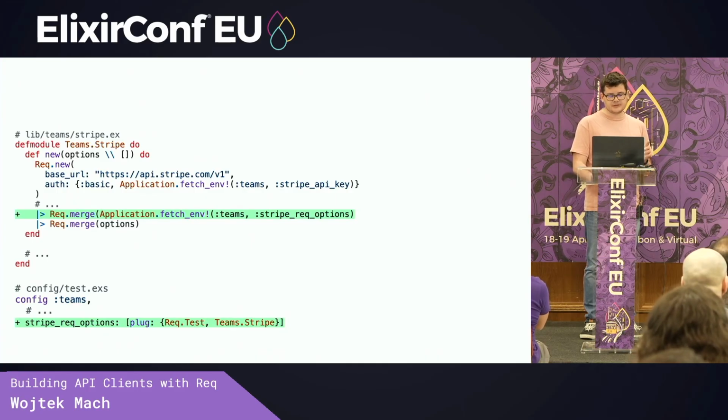The idea is Req.Test is actually a plug that accepts the name of the thing that you are stubbing. Basically, what this does is Req is going to make a request again, instead of over the network, towards a plug that you can control in your tests.